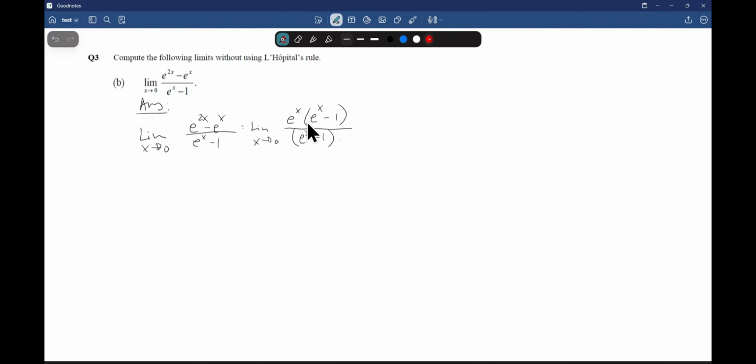As you can see, the terms cancel out between the numerator and the denominator, leaving behind only the limit of e to the x. So the problem simplifies to the limit as x approaches 0 of e to the x. By substitution, this equals e to the power of 0, which equals 1.